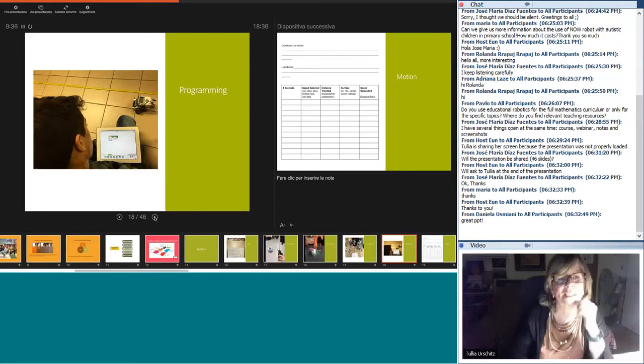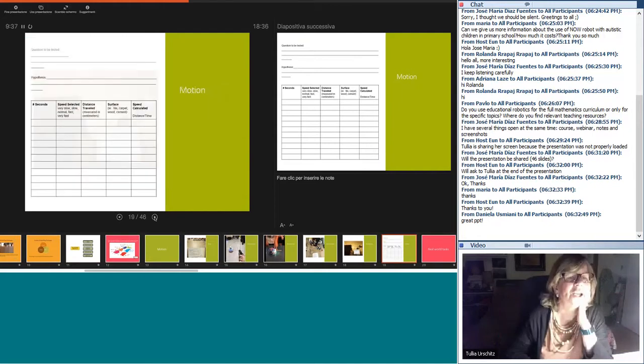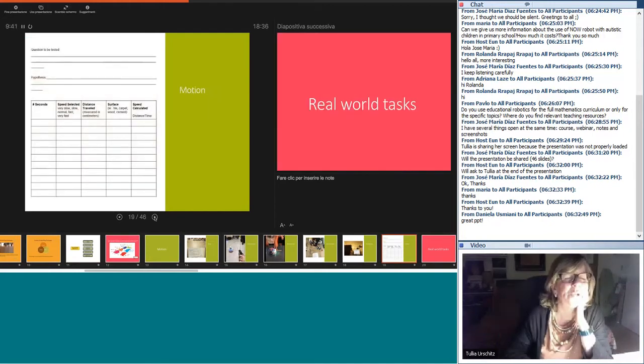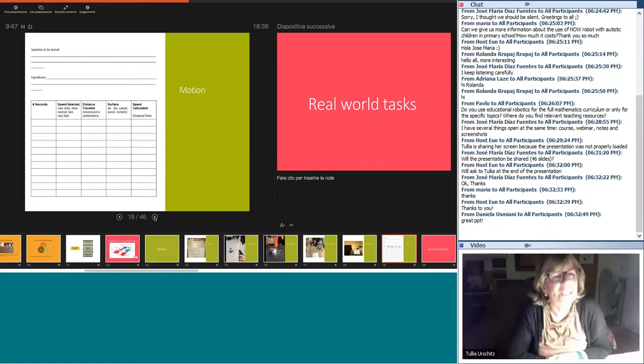The work they were doing here was not a simple task. I asked them to move the robot with different powers and to check what the speed was. This is a sheet for young students, so I didn't ask them to calculate the speed, but just to tell if it was slow, very slow, normal, fast, and then to measure the distance.